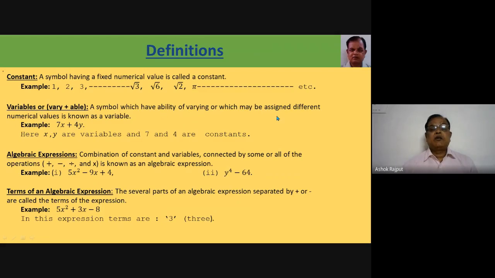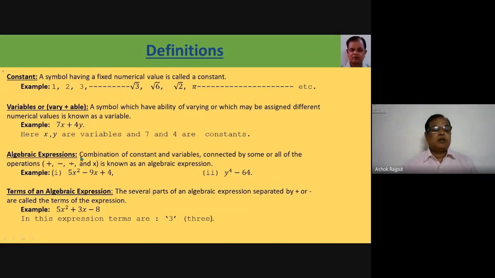It means we can put different values in the place of the symbol. That symbol is known as a variable. Example: 7x plus 4y. Here x and y are variables and 7 and 4 are constants. As we know already, numbers are constants and alphabets are variables.